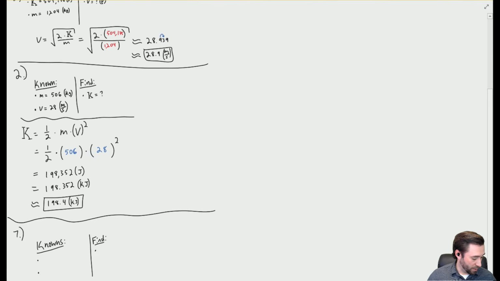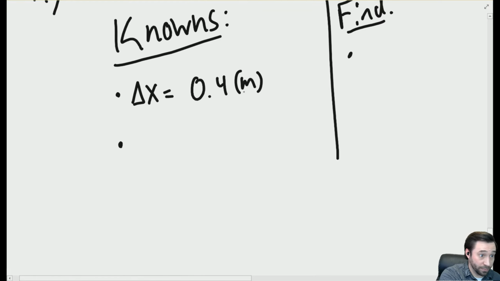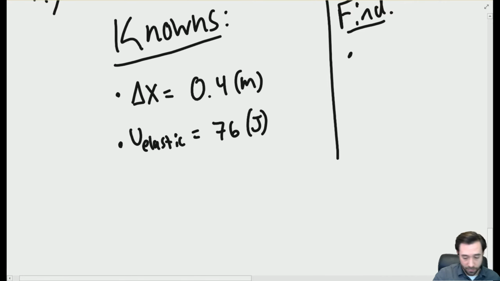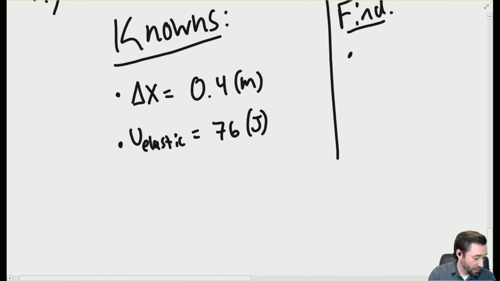So let us write down our knowns. I do know the displacement of the spring, so that's going to be my delta x. Remember, the delta just means change, so my change in position is going to be 0.4 meters. And then my U elastic was 76 joules. So 0.4, 76, and then I'm trying to find the spring constant.